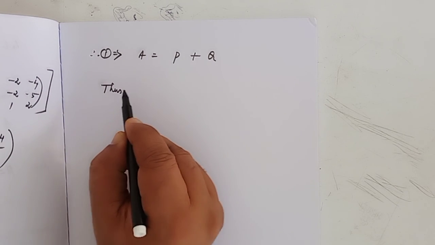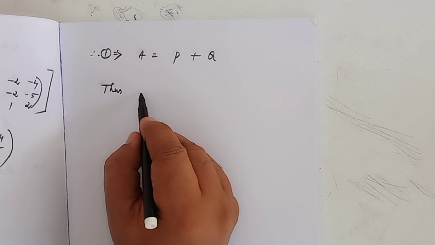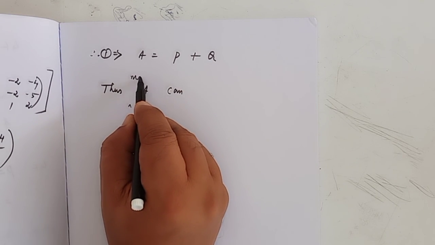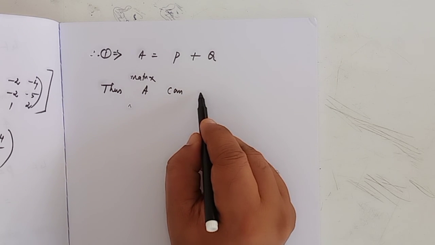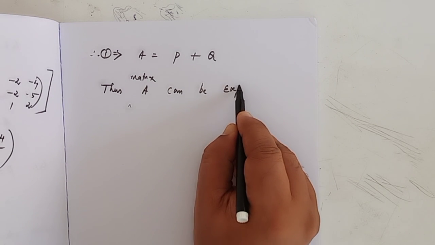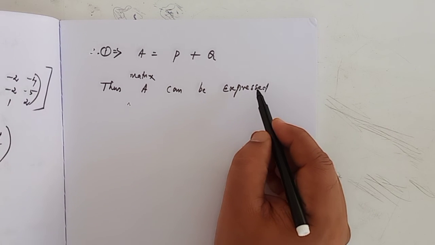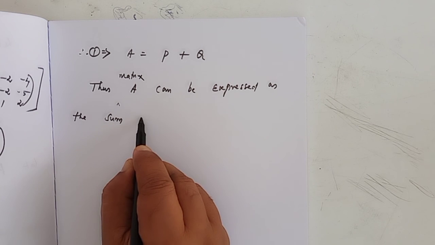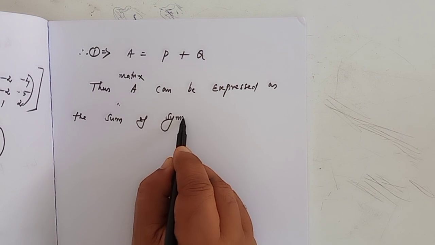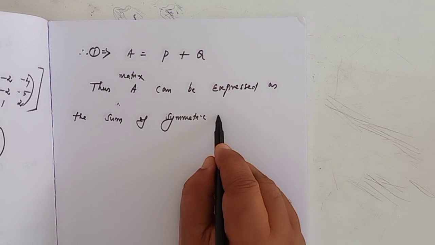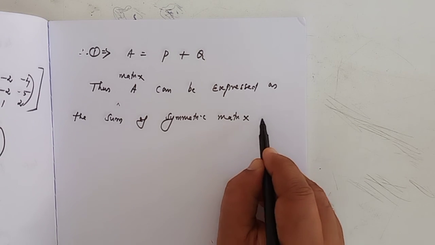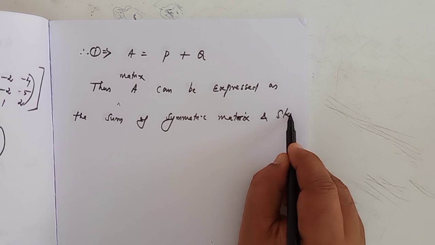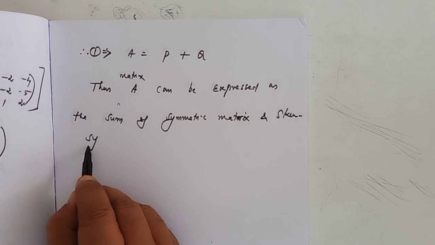Thus, the given matrix A can be expressed as the sum of a symmetric matrix and a skew symmetric matrix.